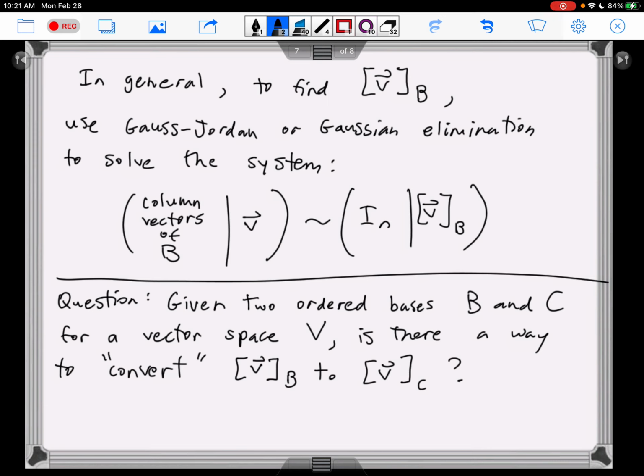The answer is yes. We need a conversion matrix. And what is a conversion matrix? So we're about to learn that in this next part here.